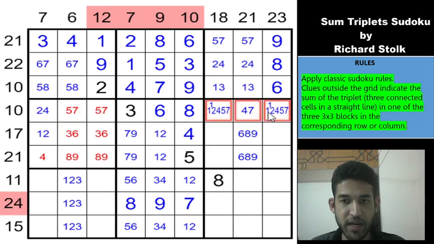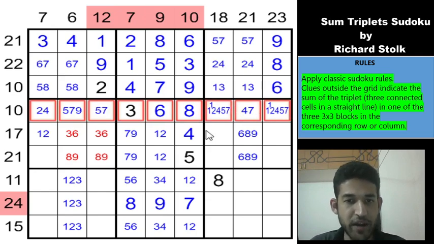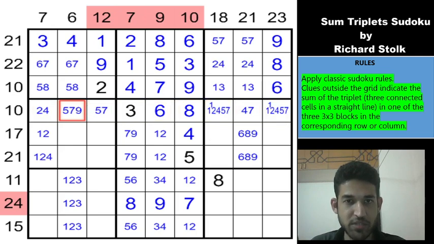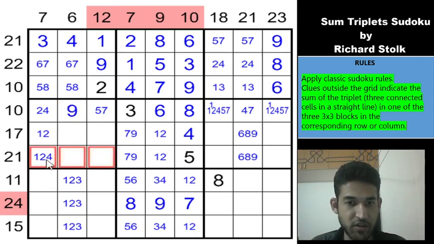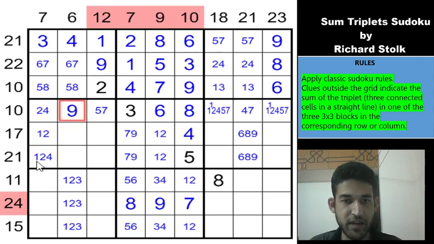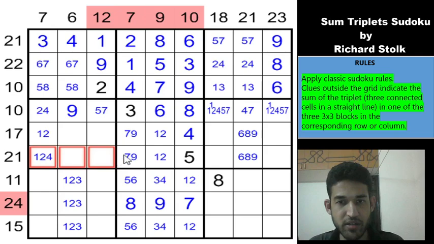The 9 becomes part of the set. There is no place to place the 9 here, right? So a simpler way to look at it is the 9 in this row 4 has only one option left. It would have to go here. So the 21 cannot be satisfied from this, because 21 would be 489, but 9 is already here. So this is not a 21, this is not a 21.